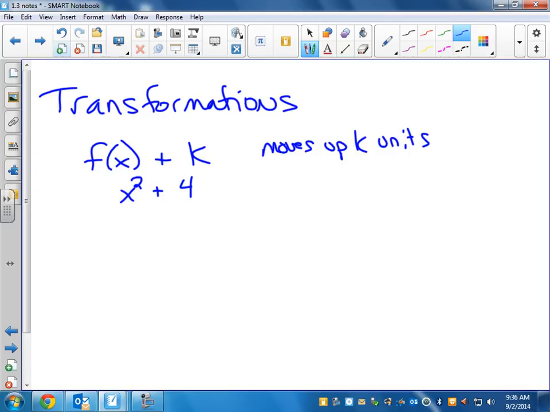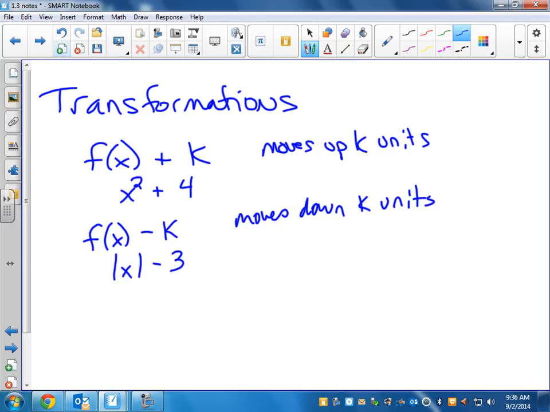I don't know if we want to write this. We could say plus or minus, but I'll write it out. We have f of x minus k. That means it moves down k units. So like the absolute value of x minus 3 on the outside of it means that V shape is just moved down 3.